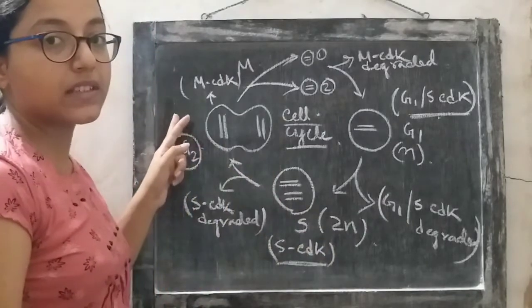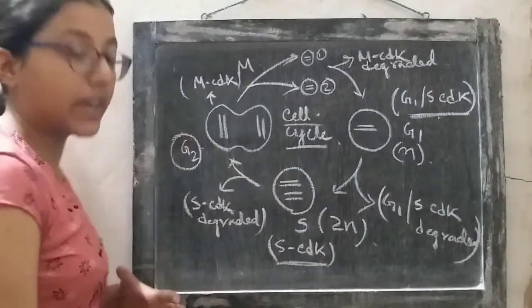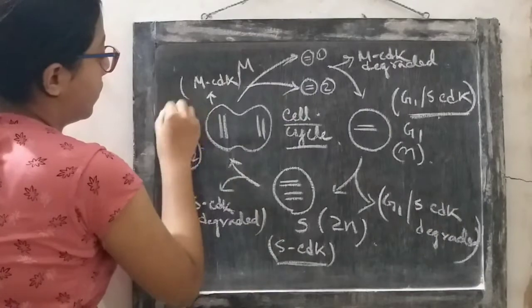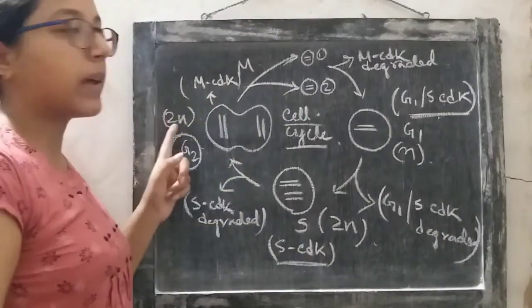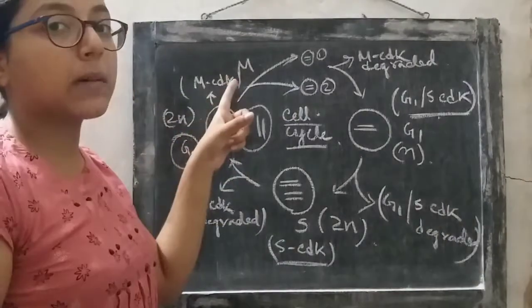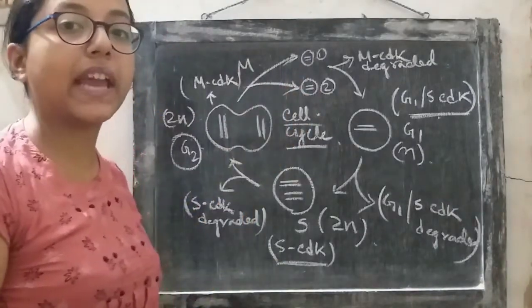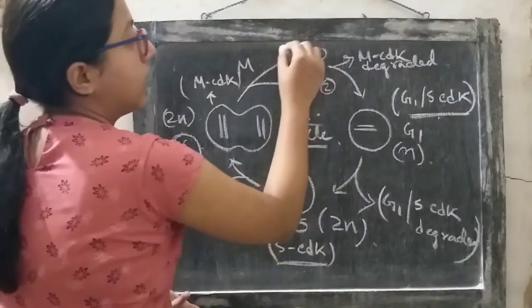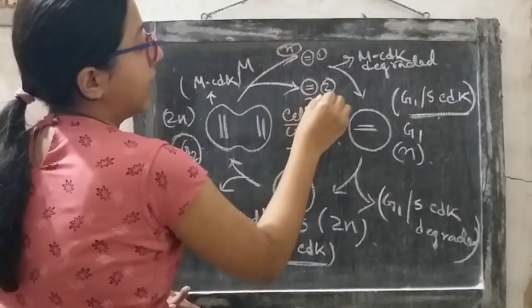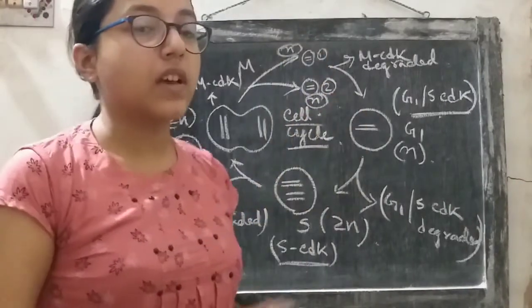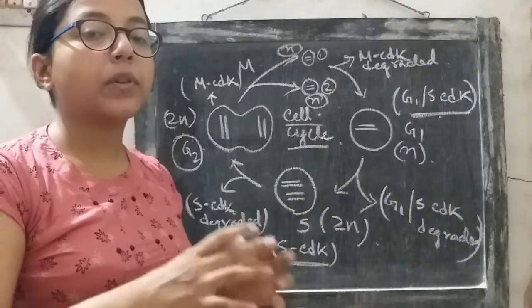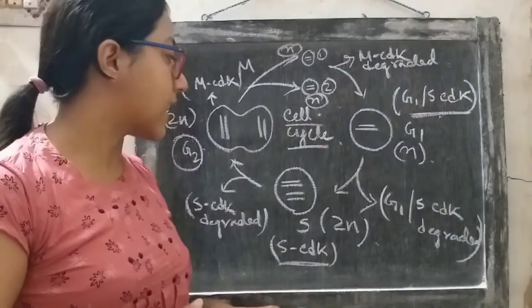In G2 phase, the number will again be 2N. So G2 phase will also have 2N chromosomes, and after the completion of M phase, individual daughter cells will have N chromosomes. So both the cells will have N chromosomes. So this is how the number of chromosomes is maintained in the cell cycle.